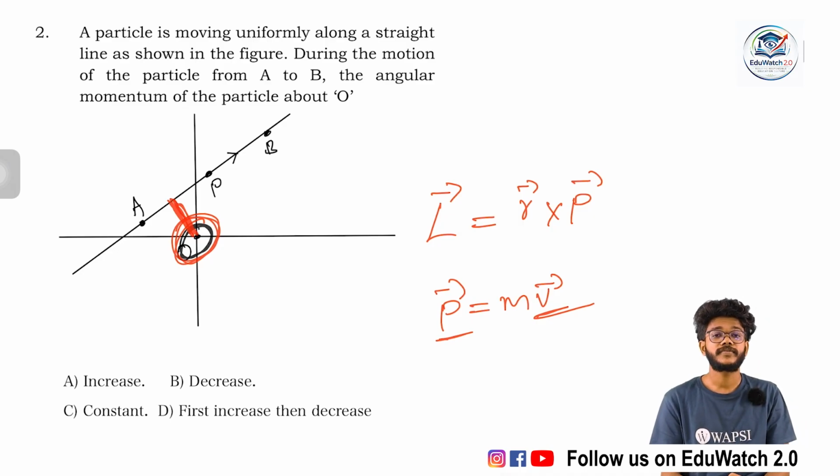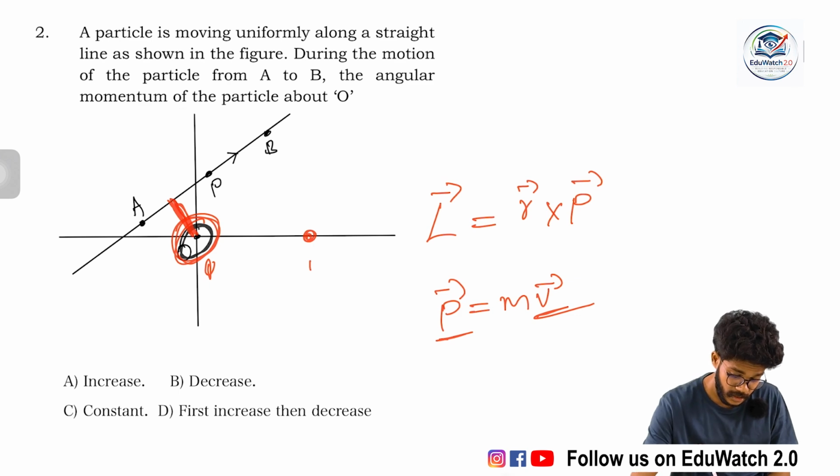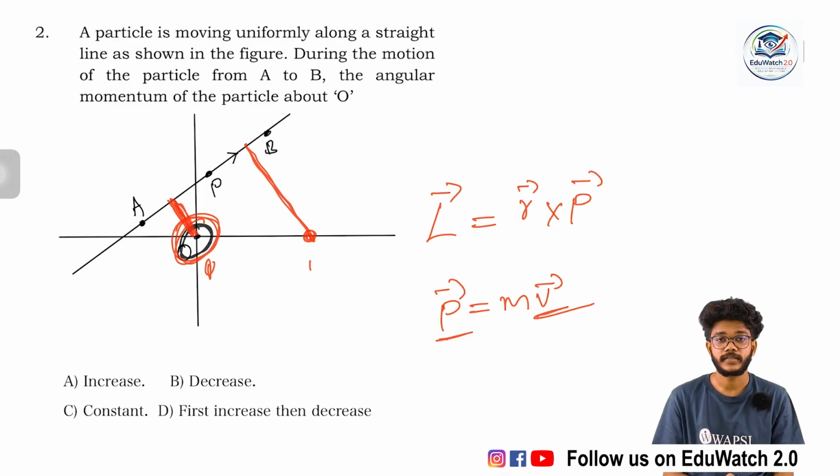If the point of the observer changed, initially from here to a final position in here, then the perpendicular distance would change and would be increasing, that means the angular momentum will increase.